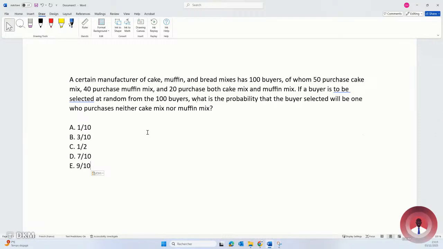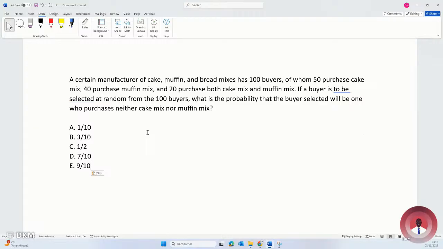A certain manufacturer of cake, muffin, and bread mixes has 100 buyers, of whom 50 purchase cake mix, 40 purchase muffin mix, and 20 purchase both cake mix and muffin mix.